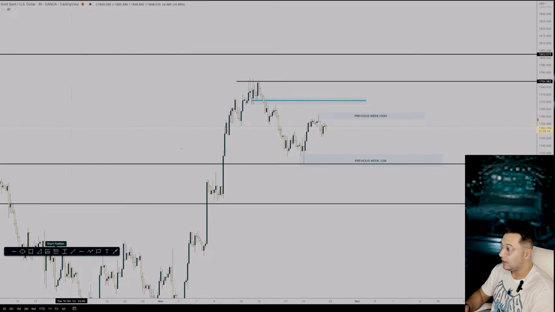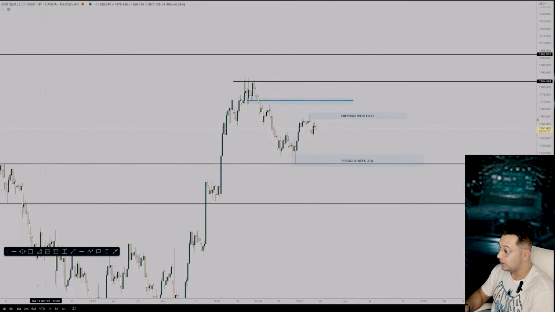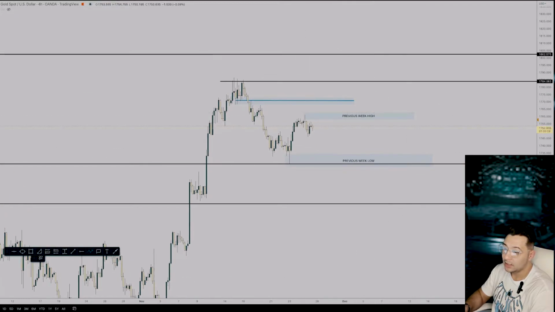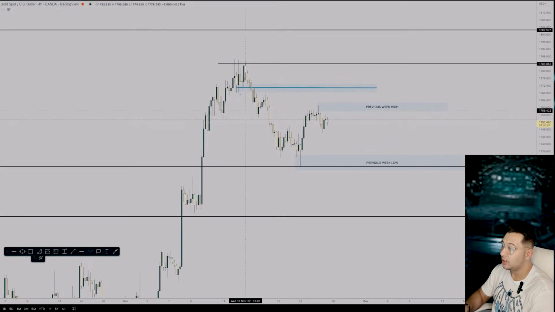So now that we have these important areas marked up, let's try to determine what's going to happen next. We know that the market makes lower highs and lower lows in a downtrend, and higher highs and higher lows in an uptrend. Currently, we made a lower high, it looks like.